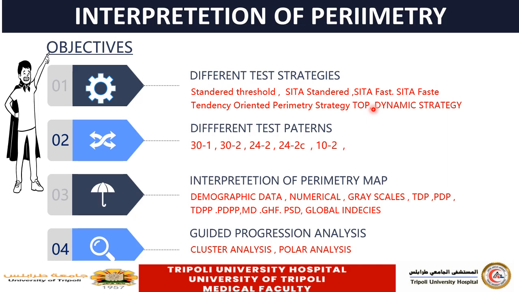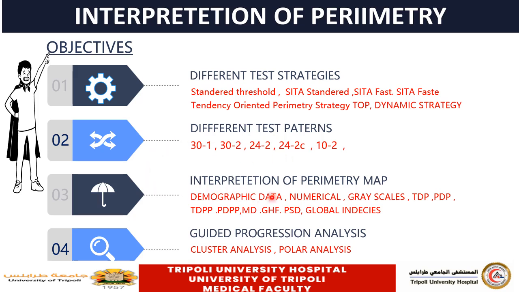Also, we will study the different test patterns. So we have strategy and pattern. The pattern refers to the matrix that is used during the visual field assessment: 30-1, 30-2, 24-2, 24-2C, 10-2, and in the Octopus also the G map and the M map for the macula and so on.